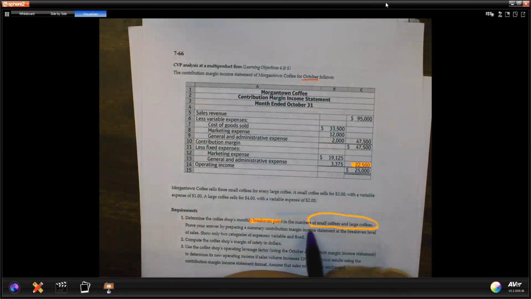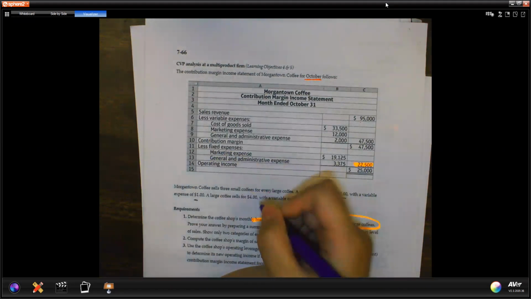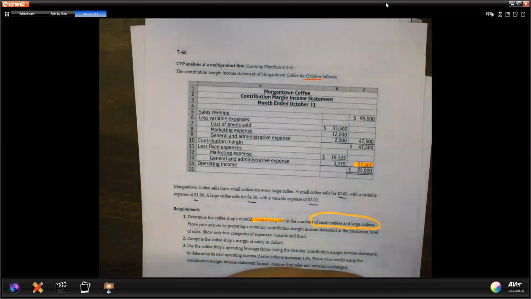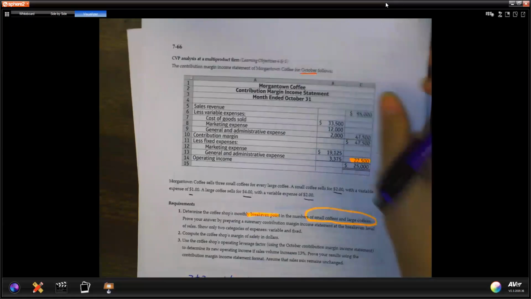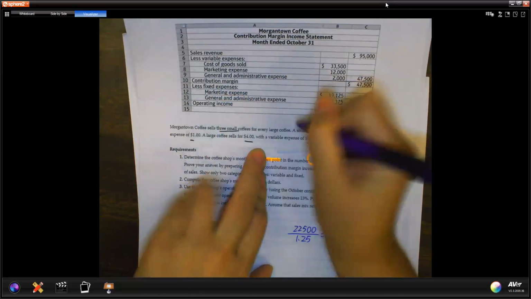So you have a small coffee and a large coffee. The small coffee selling price is $2 and the variable cost is 1. The large coffee selling price is 4 and the variable cost is 2. So I did that here. For every 3 small coffees, you sell 1 large coffee.